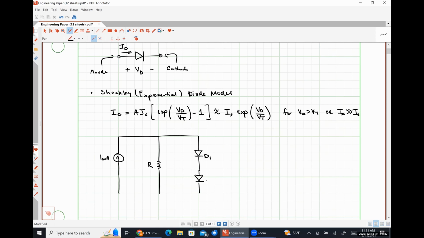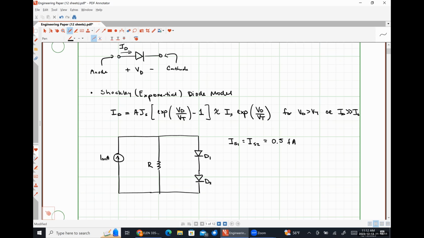This is going to be diode 1. This will be diode 2. Our saturation current, IS1, and our saturation current, IS2, will be the same, 0.5 femtoamperes. So 0.5 times 10 to the negative 15.